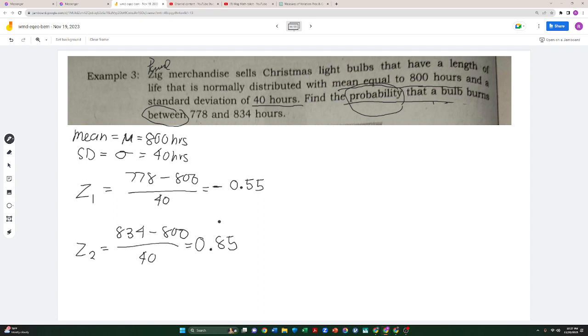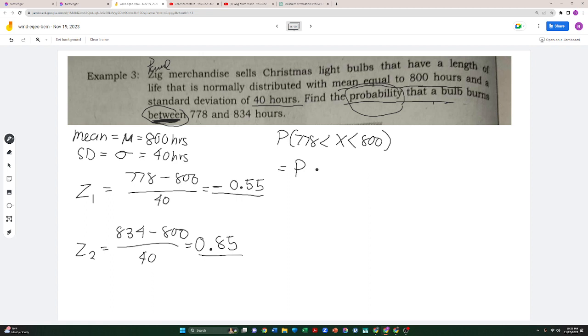Right now we use that formula: P of 778 less than X less than 834. Why is it this form? Because again, it is between. Then it is equal to P. Look at your Z table.